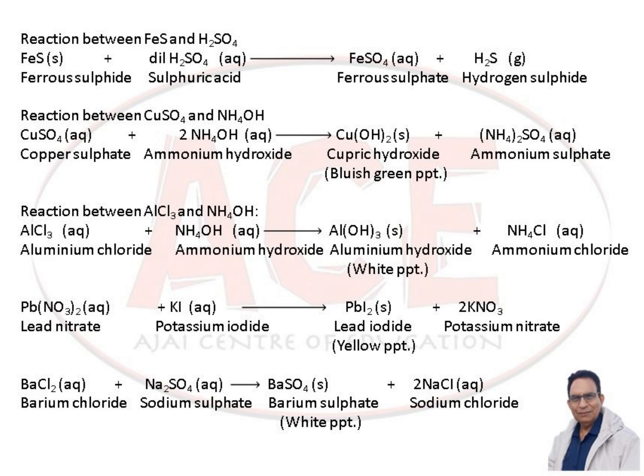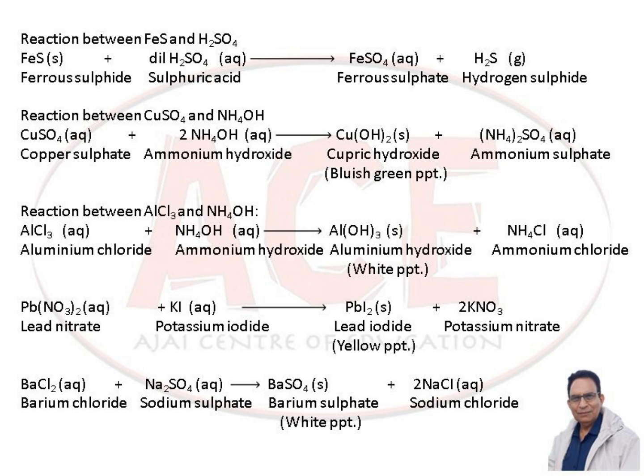Another double displacement reaction between AlCl3 and NH4OH. AlCl3 on reacting with NH4OH, ammonium hydroxide, gives Al(OH)3, aluminum hydroxide, and ammonium chloride, NH4Cl. Aluminum hydroxide so produced is of white color.